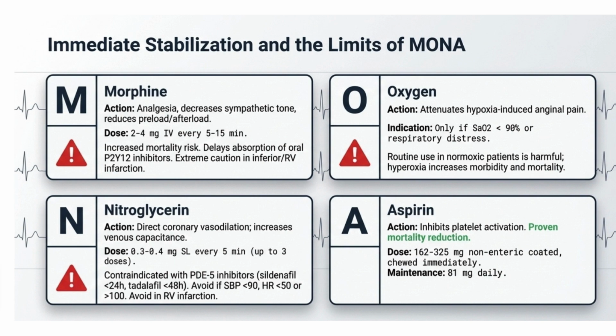Finally, we have aspirin, which inhibits platelet activation and stands as the single initial therapy proven to directly reduce mortality. All patients must chew and swallow a non-enteric coated aspirin dose of 162 to 325 mg as early as possible before any percutaneous coronary intervention or PCI.